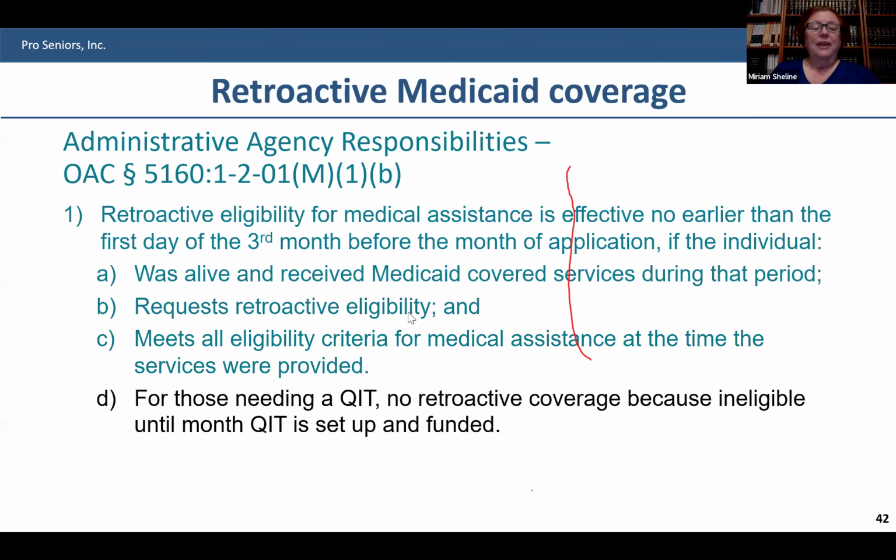Basically, that means for the last day of each of the 3 prior months, you had to have qualified for Medicaid, meaning down to $2,000, but also you have to be income eligible, meaning your QIT needs to have been set up and funded for the 3 prior months.